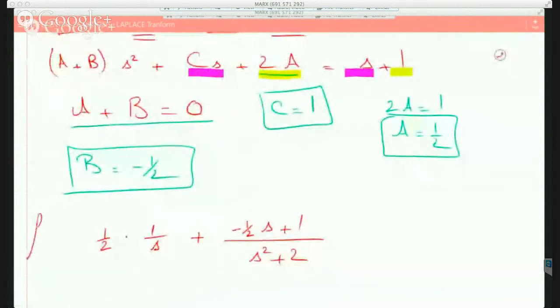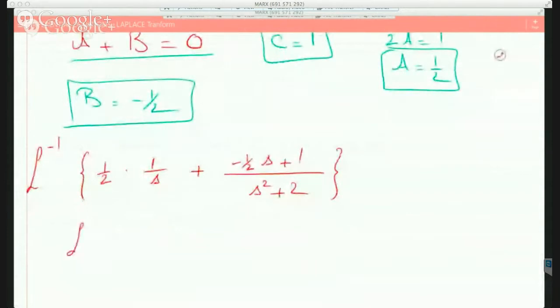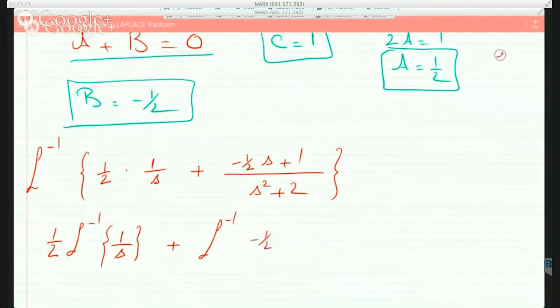And now what I need to do is take the inverse Laplace of all this, which means I can take the inverse Laplace of the first one, and the half is a constant, so I can pull it out, plus the inverse Laplace of minus 1 half s plus 1 over s squared plus 2.